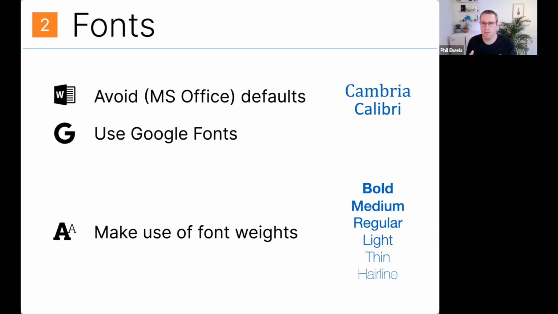Now, this is a really good way, without switching through lots and lots of different types of fonts, to give differentiation between different texts, and also specifically give hierarchy and weighting to the type of information you're giving. So important headers can be bold. Minor things which are not very important can be kind of thinner. So use font weights. Once you get into the habit of it, it's easy. It's just remembering that this is a concept which exists. Break up your content.